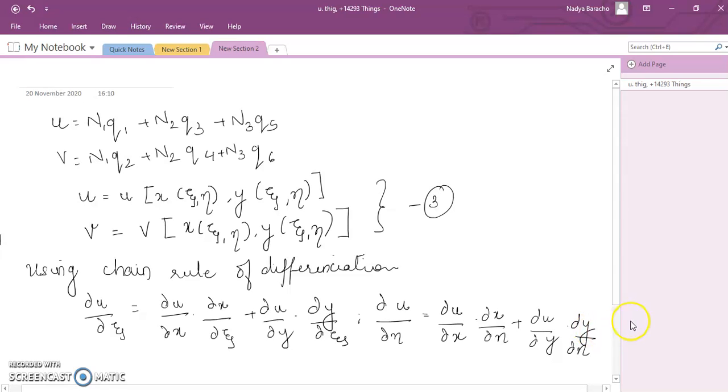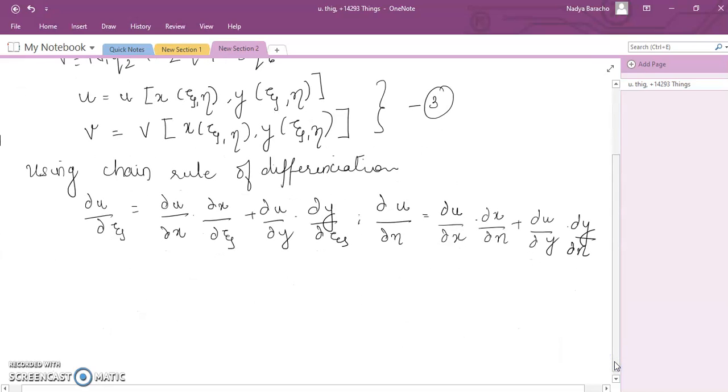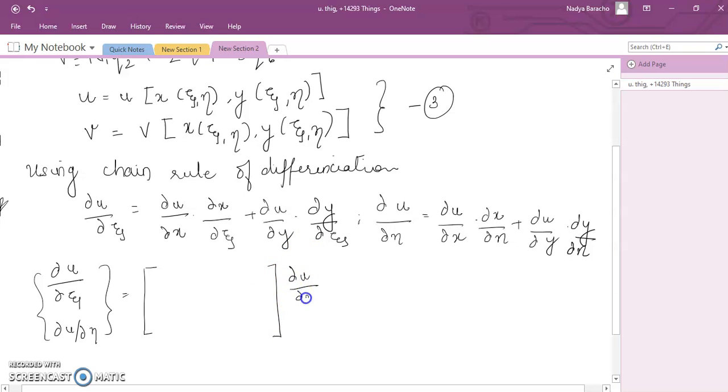If I have to write this in matrix form, it will be dou u by dou zeta, dou u by dou eta, and this is equal to the terms which are common in the equations above, dou u by dou x and dou u by dou y.